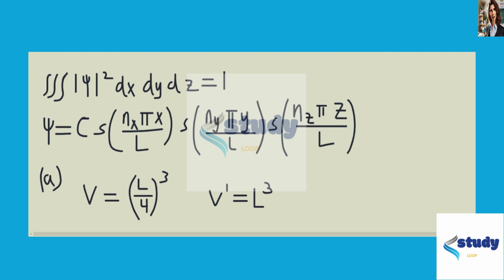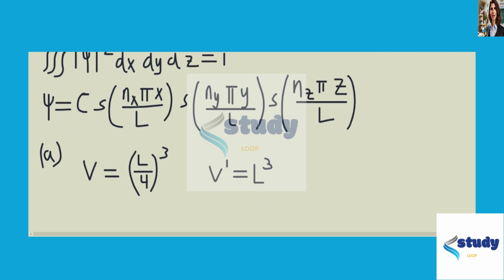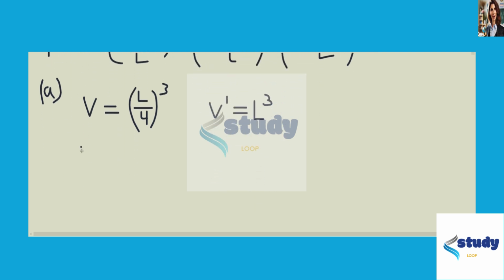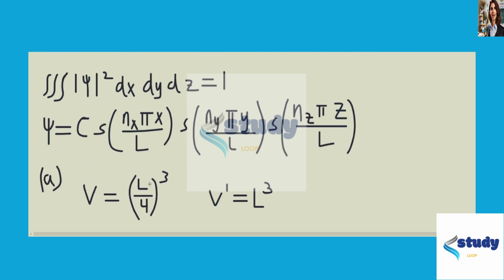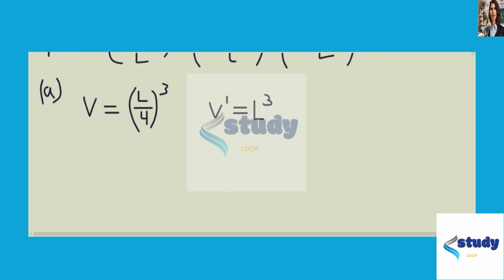For part A, to find the fractional volume, we're given that the cubical volume is defined by x between 0 and L over 4, y between 0 and L over 4, and z between 0 and L over 4. So the volume of the cube, v, is equal to L over 4 cubed. The total volume of the box, v prime, is equal to L cubed. So the fraction of the total volume of the box in this cubical volume is v divided by v prime.